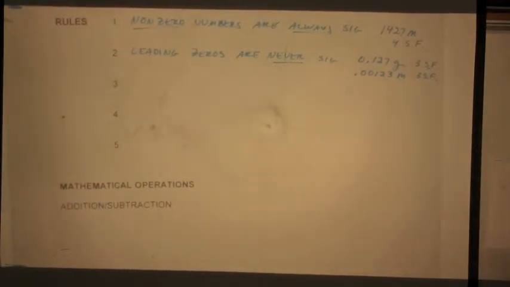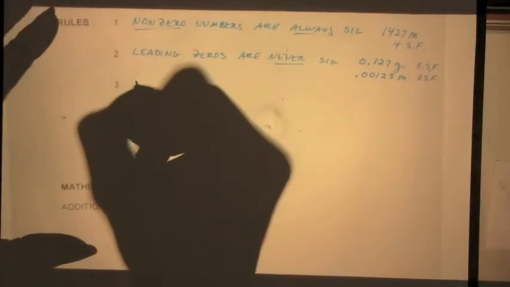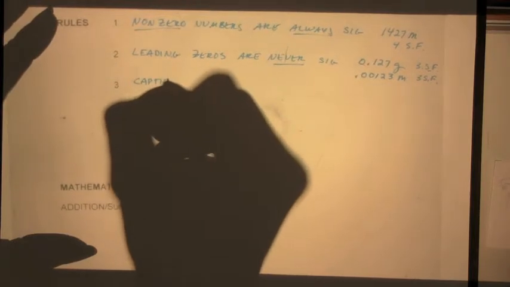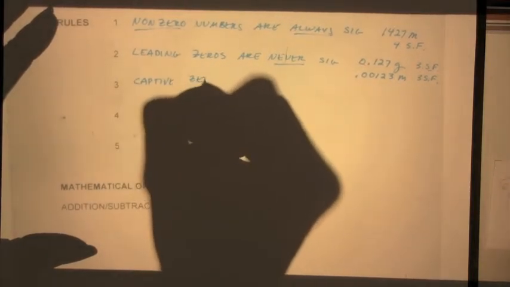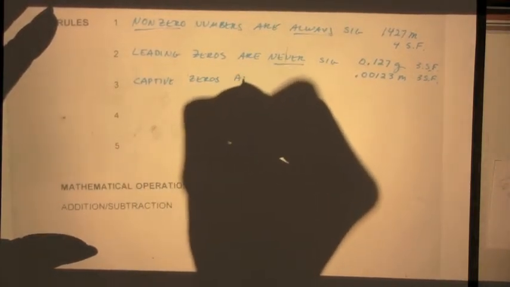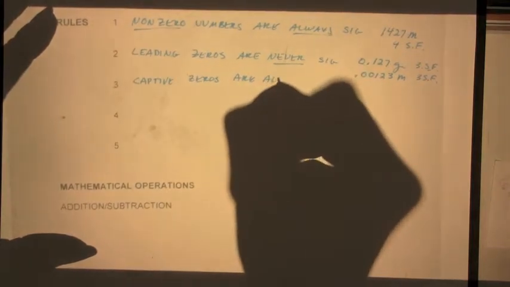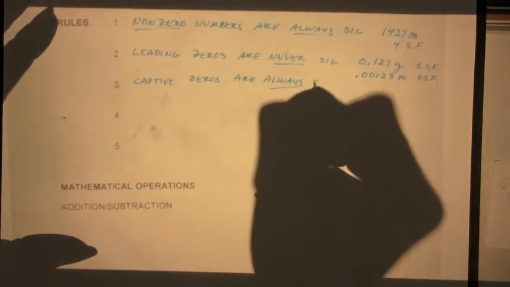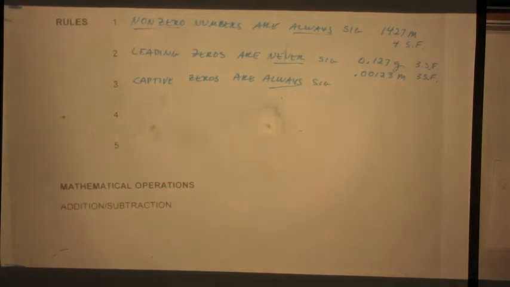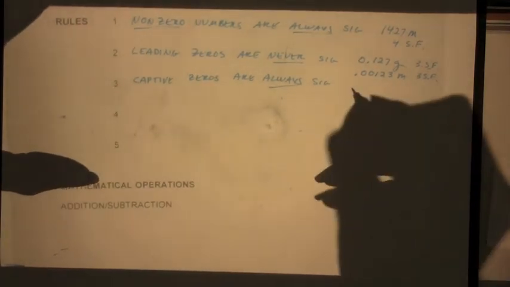And then we have captive zeros, which are always significant. By captive, I mean the ones that are sandwiched in between non-zero numbers.